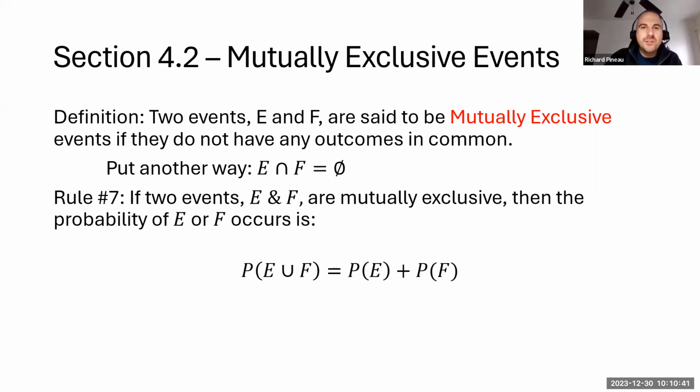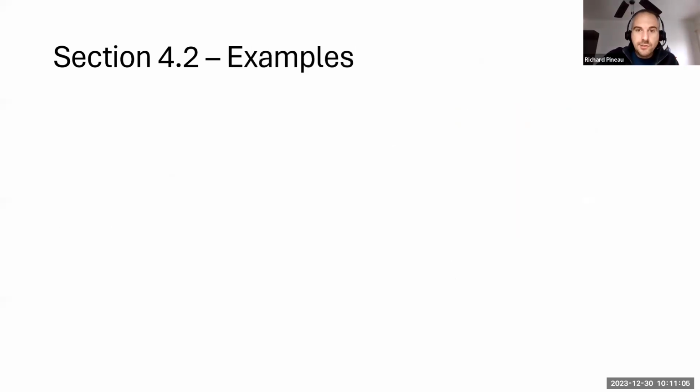Put another way, the intersection is the empty set. So rule 7 says if you have two events that are mutually exclusive, then what you simply do is add the probabilities. There's no need to subtract anything because that intersection is empty. So if you come across mutually exclusive events, you won't have to worry about subtracting what they have in common because it's just going to be 0.